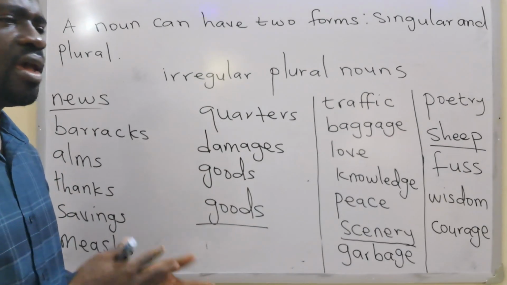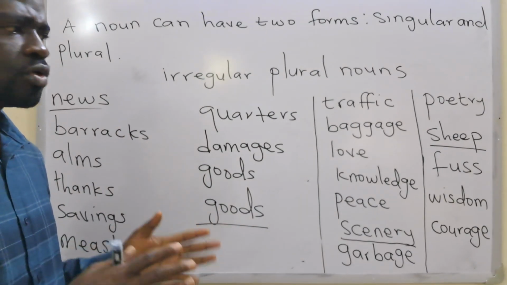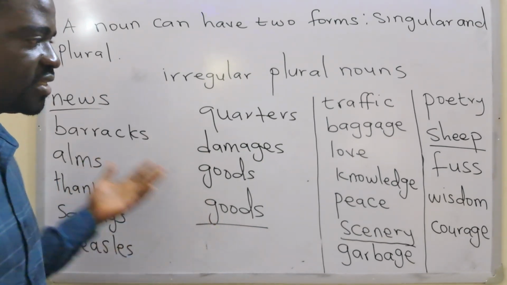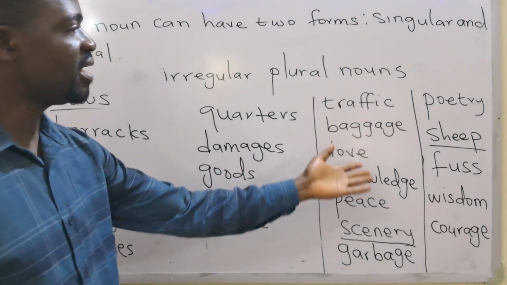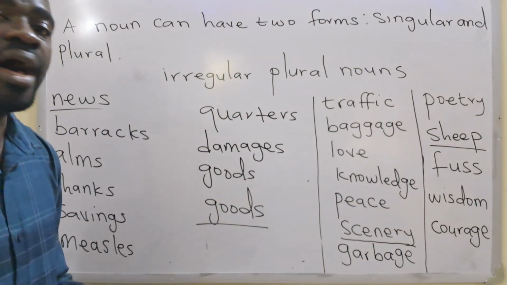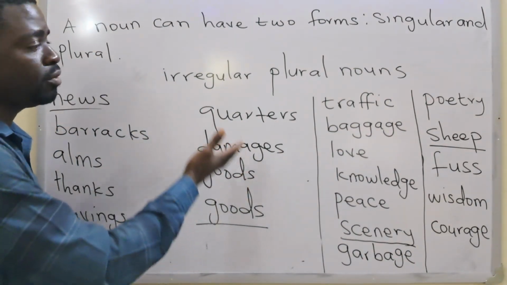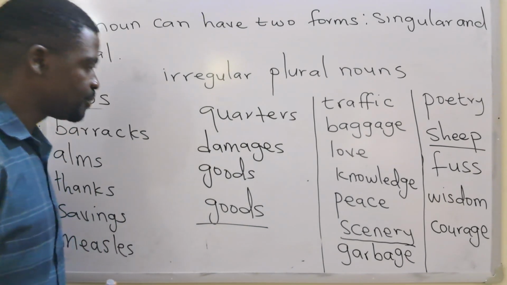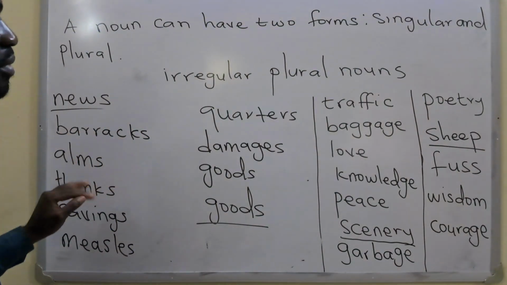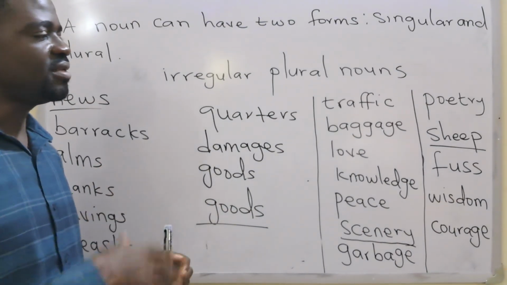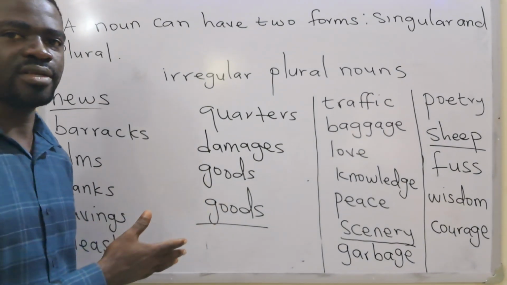They're not going to take any inflection. There's not going to be any s or es or any change. For example, knowledge, love, baggage, traffic, poetry is always like this. And then there are some nouns that will always have the plural form, even if they are singular. So, these are some interesting ways that nouns can take their plurals.